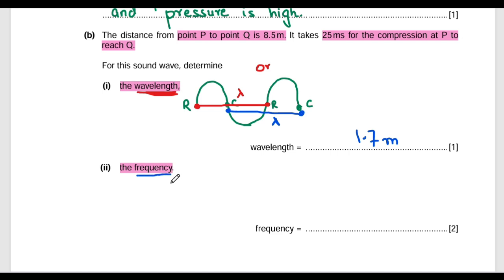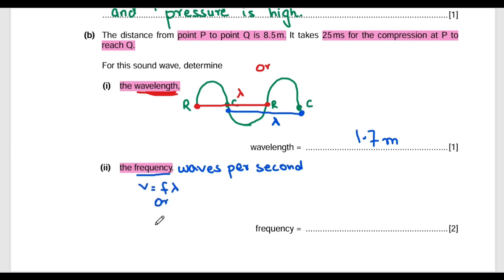Now we have to calculate the frequency as well. I have already told you that frequency is waves per second, or number of vibrations per second. In this figure, for example, from rarefaction to rarefaction, we have one complete wave. So the number of these waves that can travel in 1 second is the frequency. We have two formulas to get frequency.